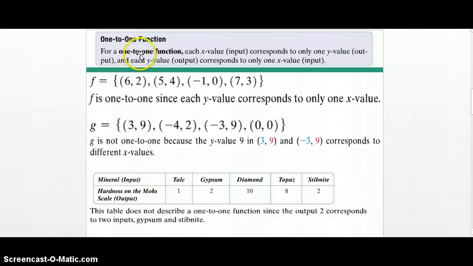For a one-to-one function, each x value input corresponds to only one y value output. And each y value output corresponds to only one x value input.